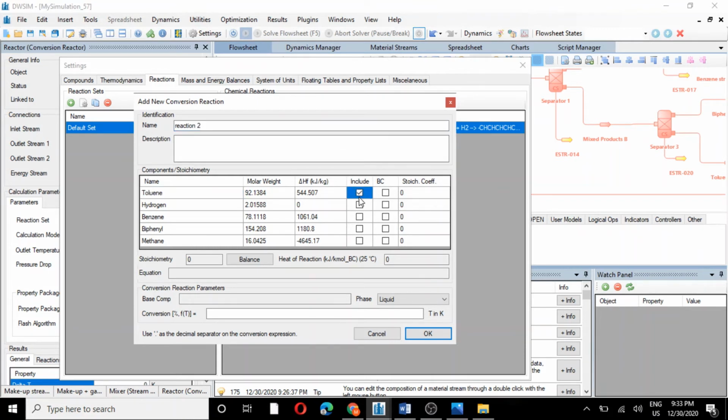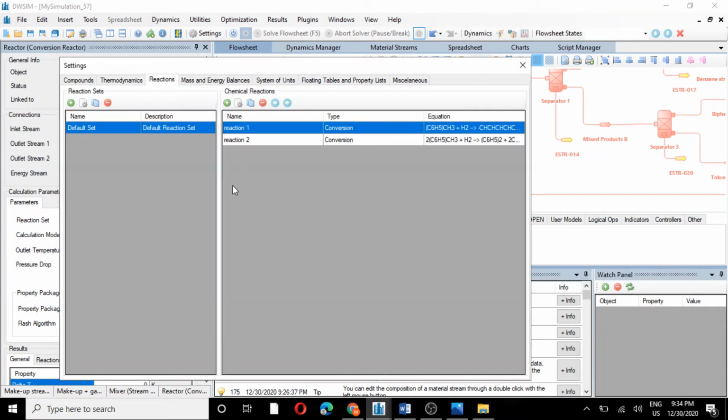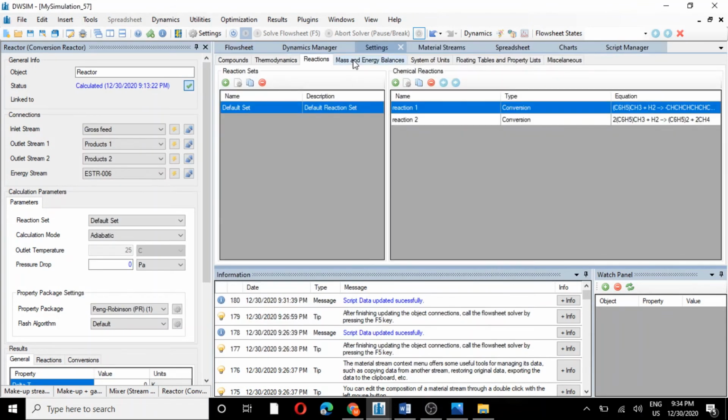We have toluene, hydrogen, and this time biphenyl and methane, and we're also still gonna use toluene as our base component. We have -2. For the hydrogen, we have -1, we have 1, and this one is 2, and it's also in mixture. And for the conversion, we have 8% conversion. Click OK. Okay, so that's it.